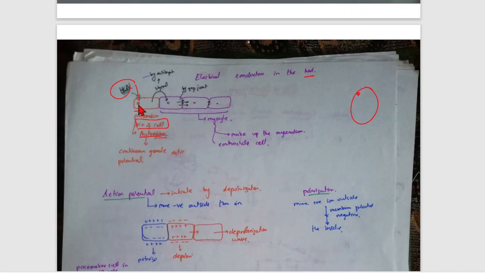When the HCN is activated, the cell becomes depolarized, and the signal goes to the next cell. This is the myocyte, and this is the pacemaker, which is not a myocyte but an SA node cell. The signal goes toward the myocyte, and through the gap junctions it spreads to all cells, so all the atria contract at one time. When all the cells contract at the same time, it is called a syncytium, because they have gap junctions.